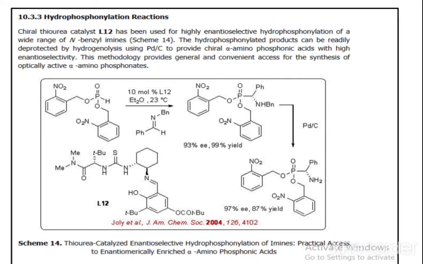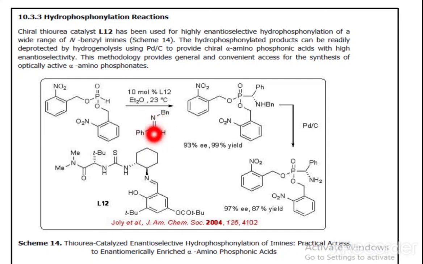That means the conclusion of this reaction: in the hydrophosphorylation reaction, the chiral thiourea catalyst, this L12, is used, and it is a highly enantioselective hydrophosphorylation of a wide range of N-benzyl imines. That means this one, N-benzyl imines.